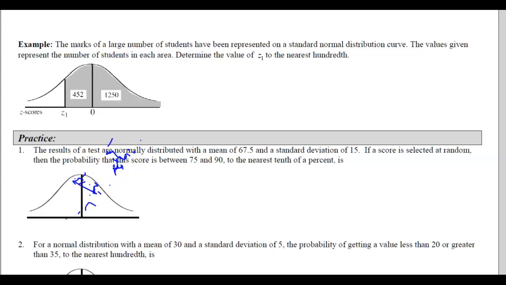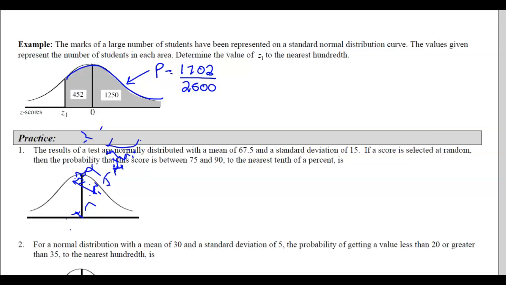If you have an older version, you subtract that from 2,500 to get this, so it's just one extra step. But this area here as a probability will be 1702 over 2,500.